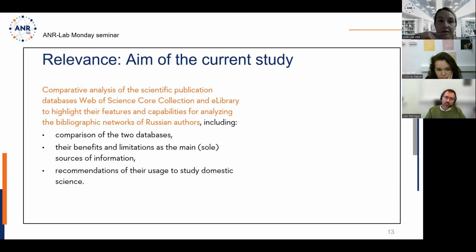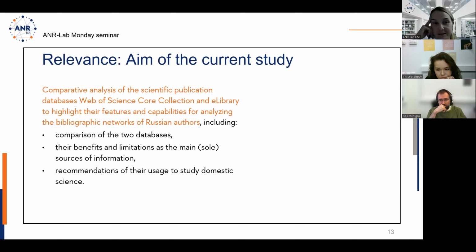We are interested not just in getting some data, making analysis and showing the substantive results of how well Russian sociologists collaborate, but we rather use this case as an example, as a case study on which we can develop some methodology. So that's why we are very much interested in these methodological questions and issues.